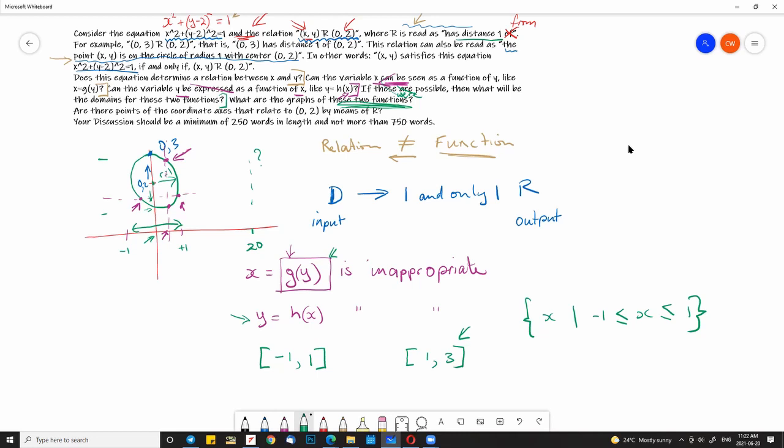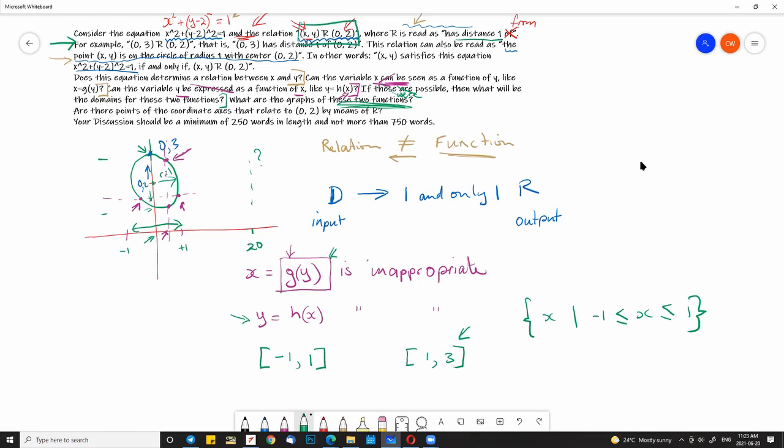Are there points on the coordinate axes that relate to 0, 2 by means of r? Well, they answered this question halfway for you already. They already gave you an example here. 0, 3 is a point on the y-axis that obeys the original relation.